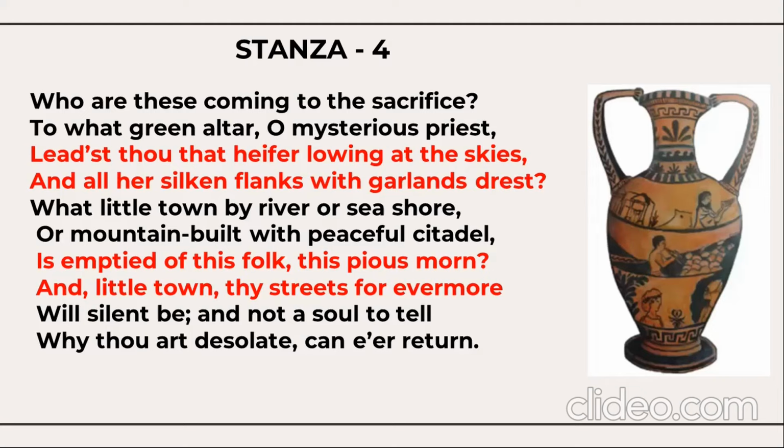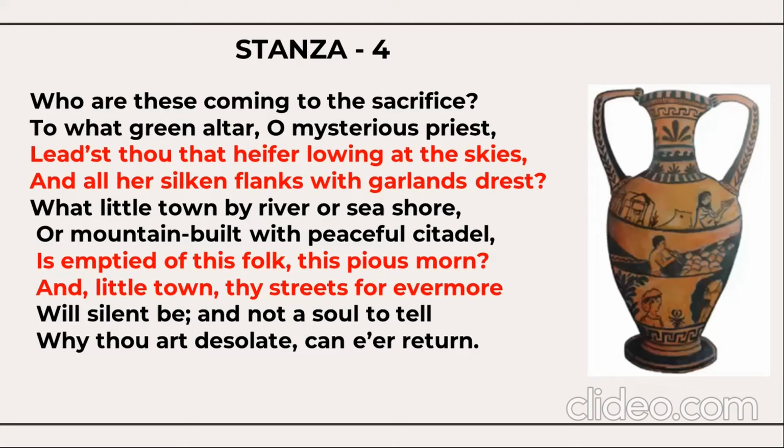Are they coming from a little town located at the bank of a river or seashore? Or are they coming from a kind of fort which is built on the mountain? So the people in the scene on the urn are imagined to be from a little town.